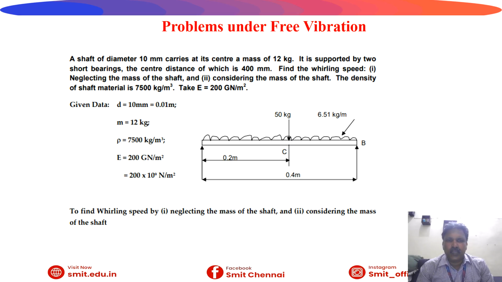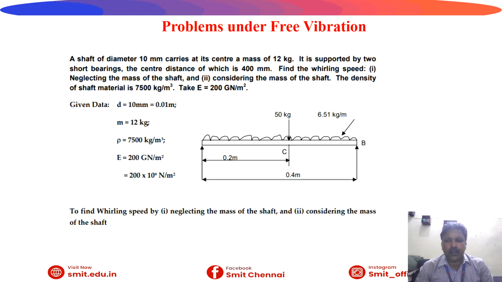First, neglecting the mass of the shaft; second, considering the mass of the shaft. The density of the shaft material is given as 7500 kg per meter cube. Young's modulus E is given as 200 giganewton per meter square.